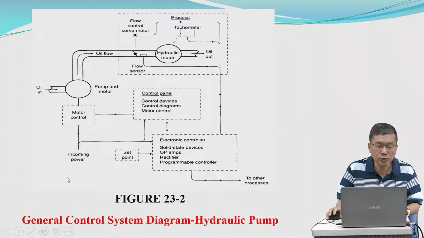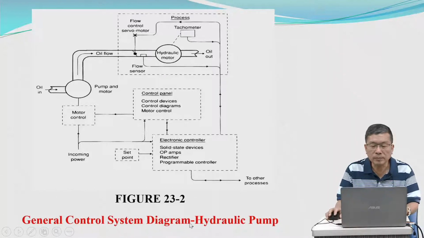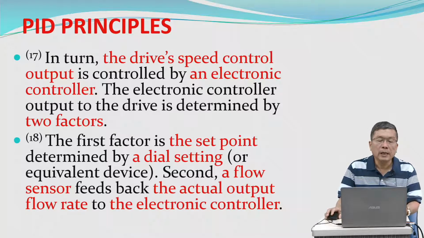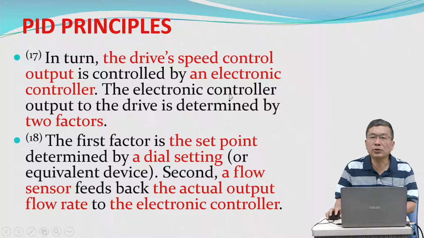This picture shows the general control system diagram of a hydraulic pump. In turn, the drive speed control output is controlled by an electronic controller.